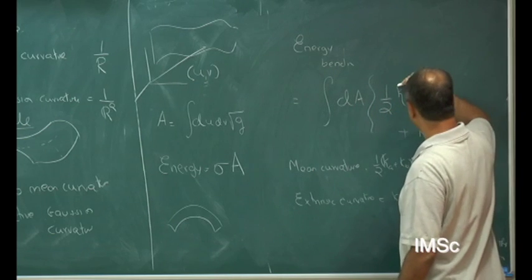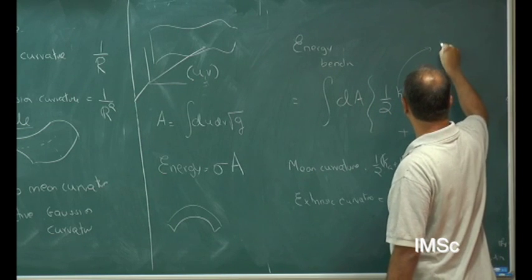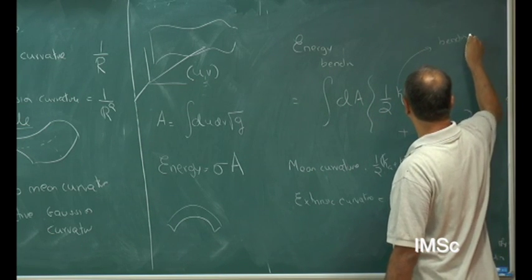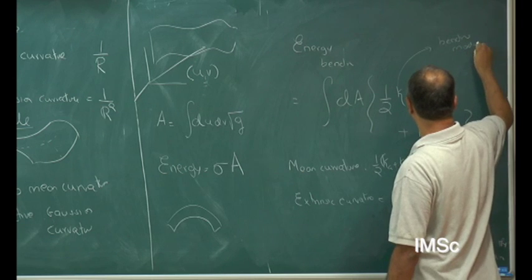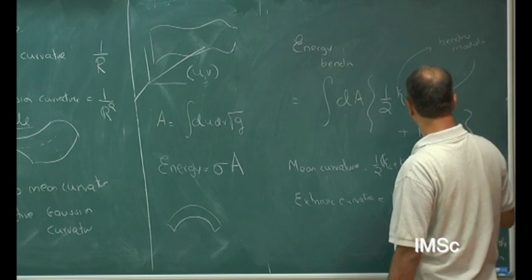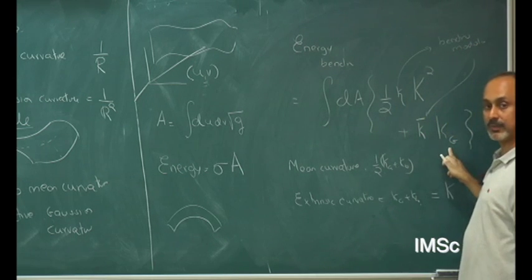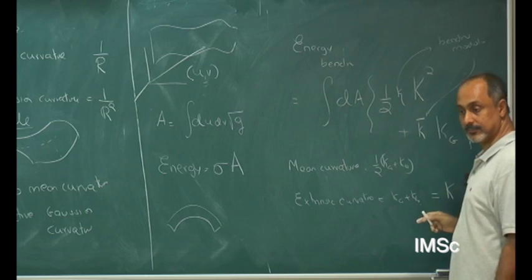So now I have some bending modulus, and here I have another bending modulus, and this is the Kg, the Gaussian part of the curvature that I wrote down.